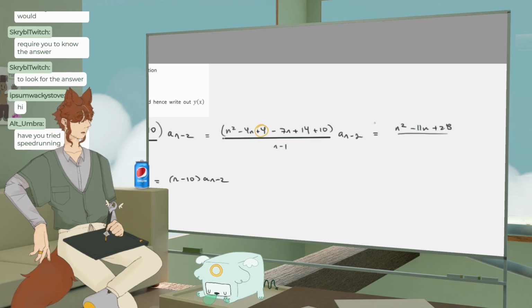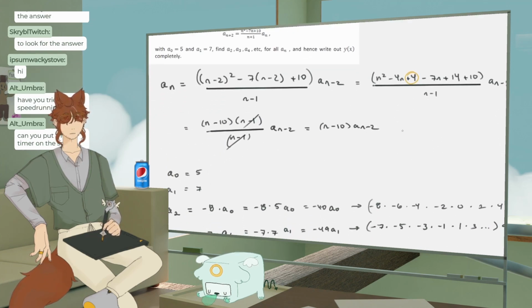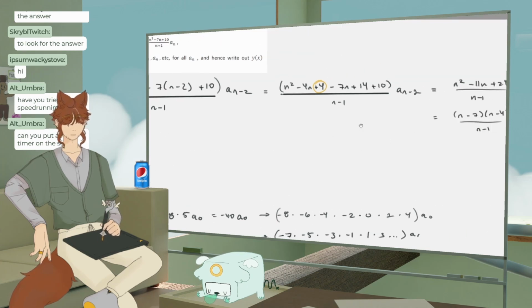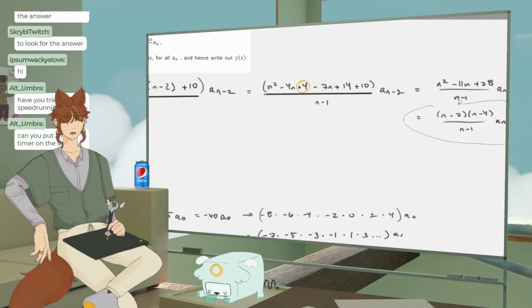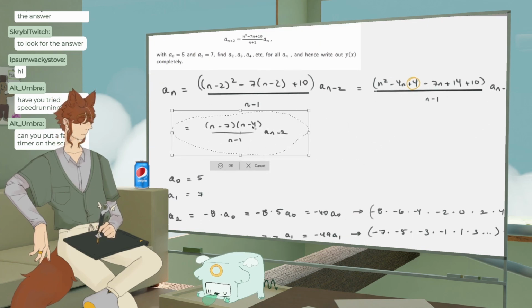Have I tried speedrunning math? Yeah. It's hard. It's not for the faint of heart. I hope this works out. Please factoring, please save me, so I don't have to do as much calculation.